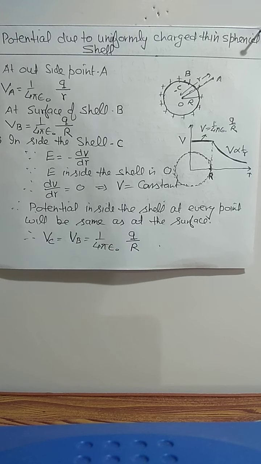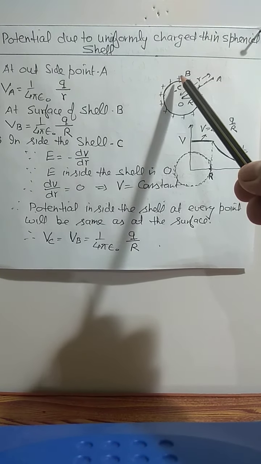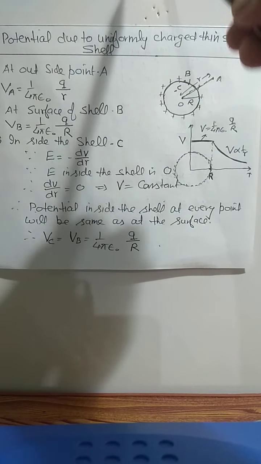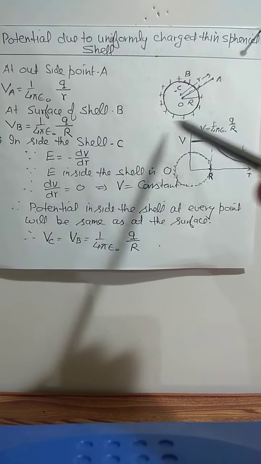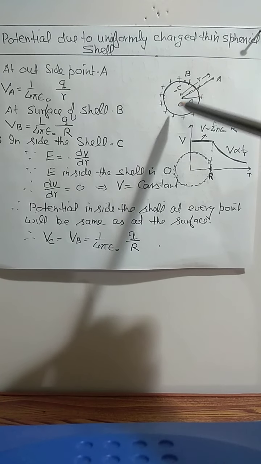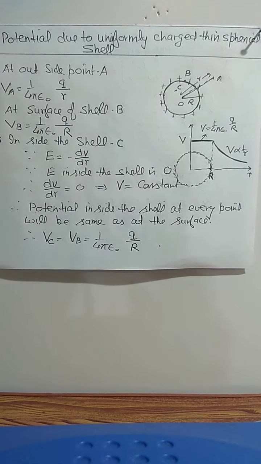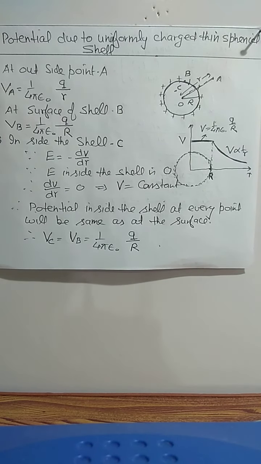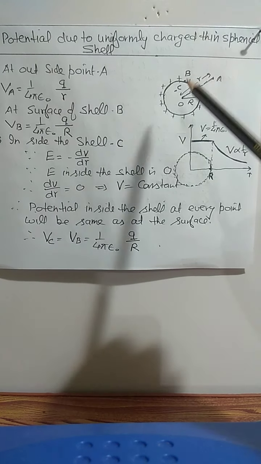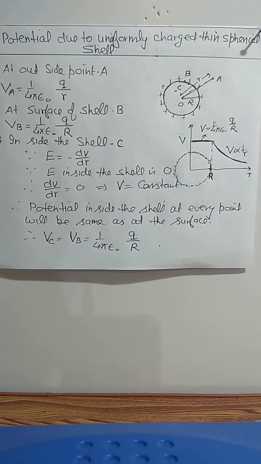Clear? The electric lines of force from positive charge go outward and perpendicular to the surface of the shell. When we produce these lines back, they meet at the point O, and it appears that these lines coming out from the shell are due to the charge Q present at point O. Yes?